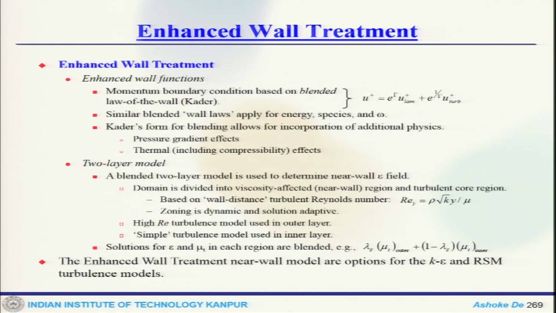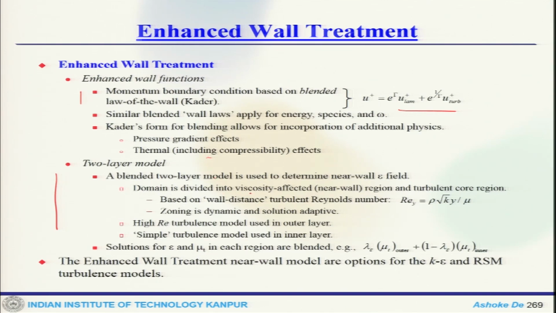Now, this is enhanced wall treatment, where your momentum boundary layer is blended, with similarly blended wall laws, and then pressure gradient effects and thermal effects are taken care of. If you go for the two layer model, this blended two layer model is used to determine the near wall epsilon field.